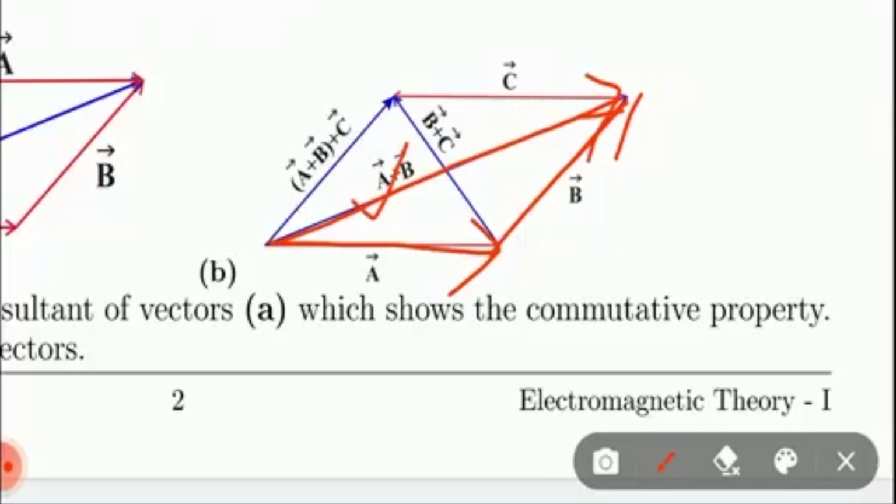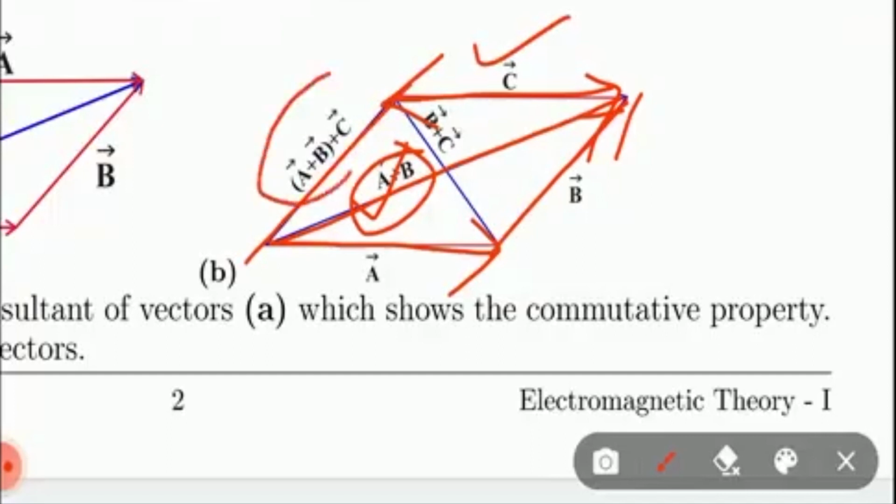And if we want to add the third vector C with this resultant A plus B, so we can attach it over here. You will see that the C vector. And now if we add the resultant A plus B with this vector C, you will get another resultant right over here. You will see that is the sum of these three vectors A plus B, and then we add the third vector C over here.